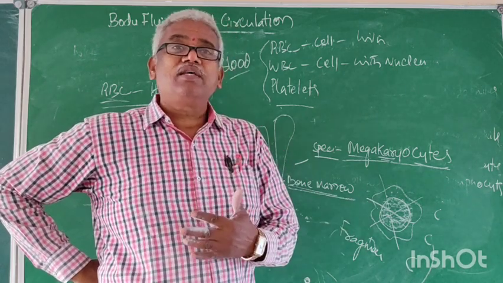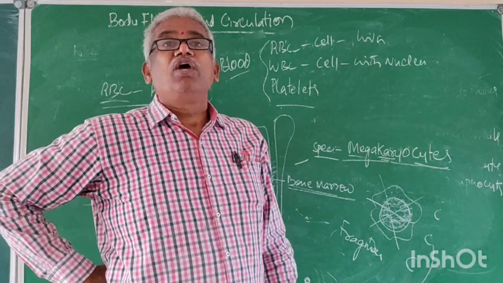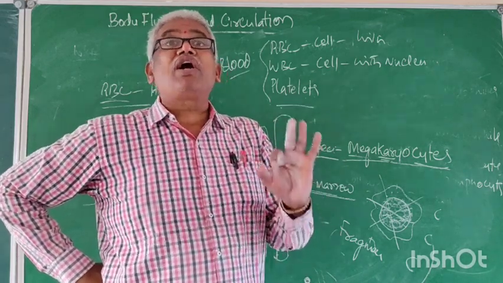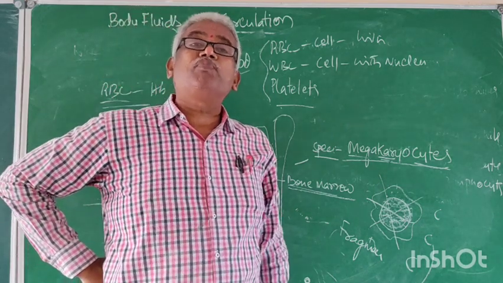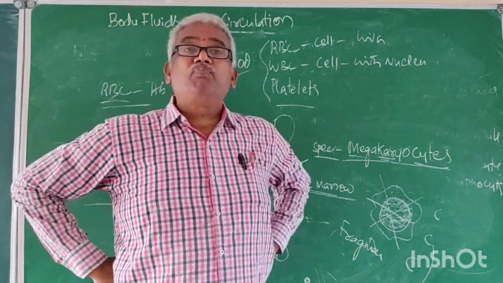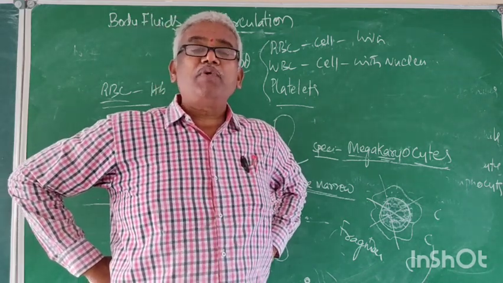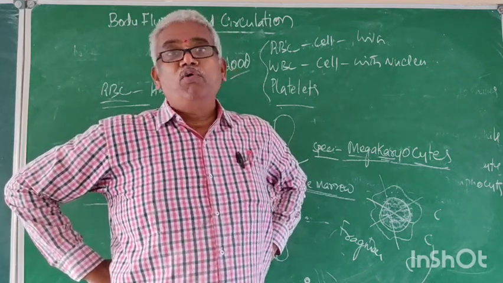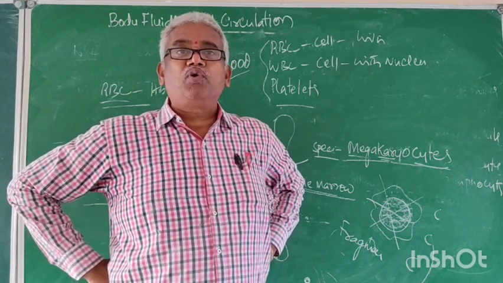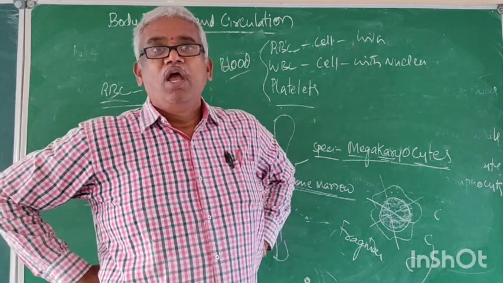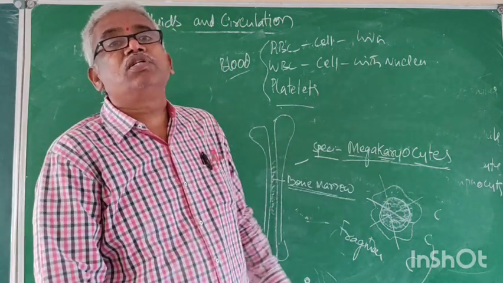This plasma is made of 92% water, 6% protein, and the remaining electrolytes. Proteins are fibrinogen, prothrombin, albumin, globulin. Electrolytes are sodium, potassium, magnesium, calcium, chloride, bicarbonate. These inorganic and organic substances are dissolved in water and form a solution. The solution is called plasma.